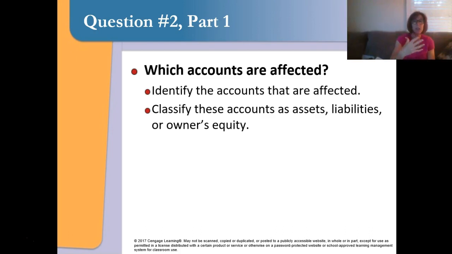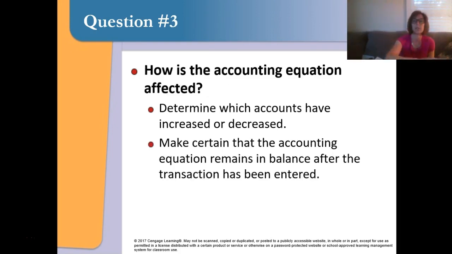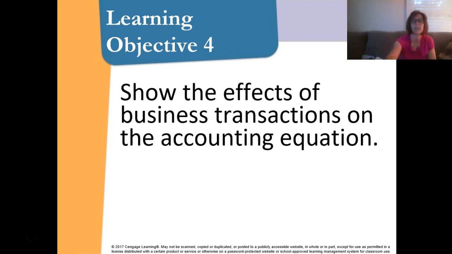Did this affect an asset account, a liability account, an owner's equity account, or multiple of those accounts? And what impact does that have on our accounting equation? Did we have a decrease in assets and an increase in liabilities, or vice versa?